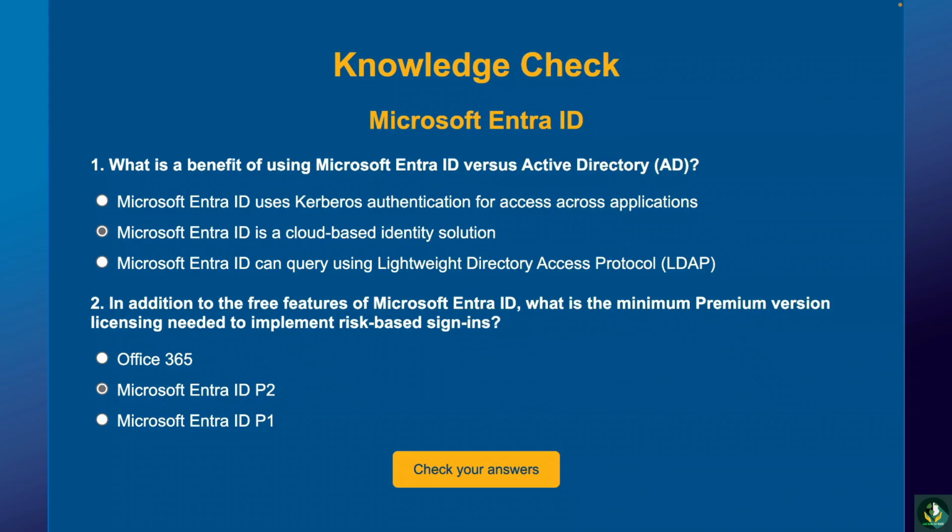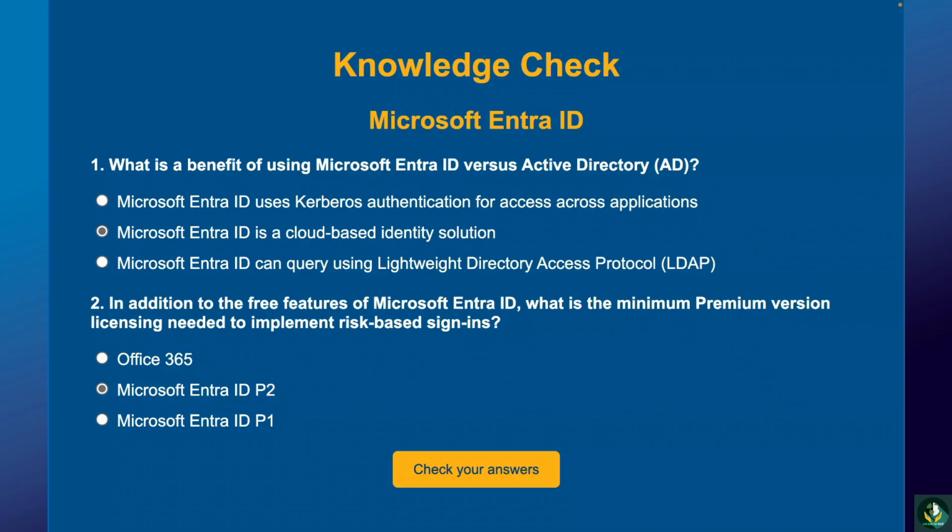Some more key points to remember here. P1 provides essential premium features like hybrid identities, advanced group access management, and conditional access. P2 builds on P1 by adding advanced security features, including risk-based conditional access policy.